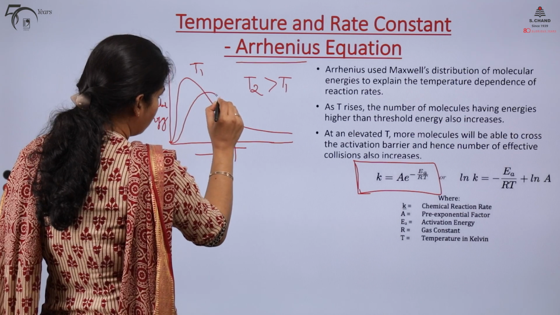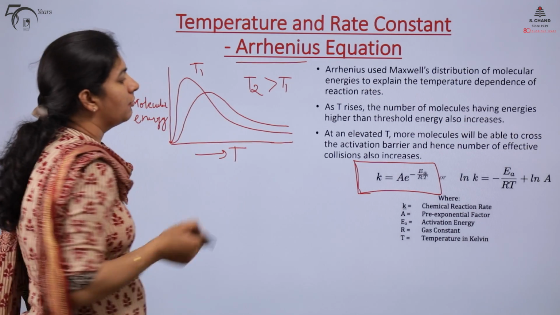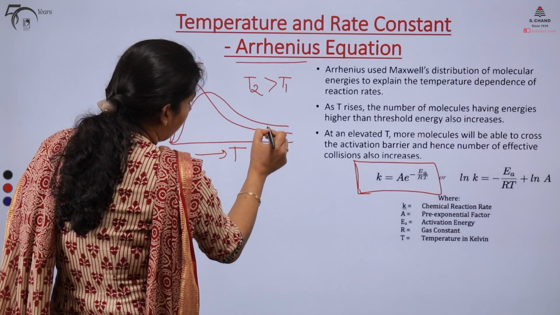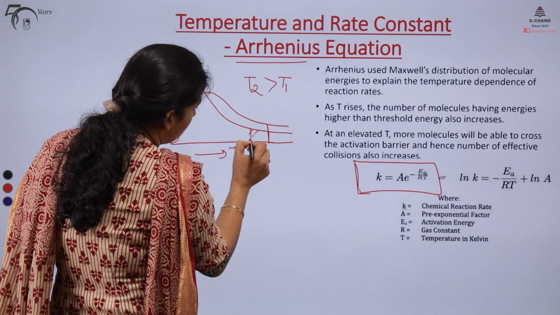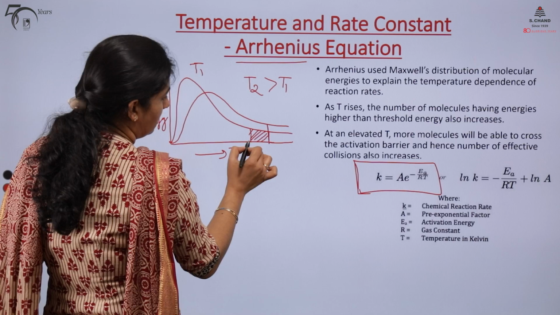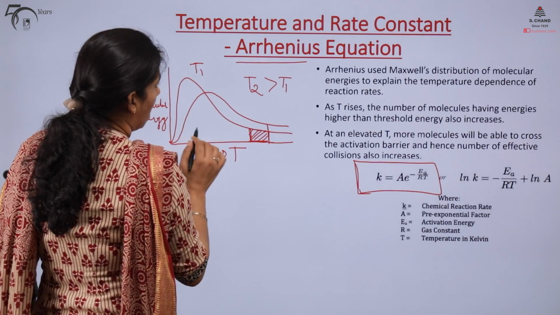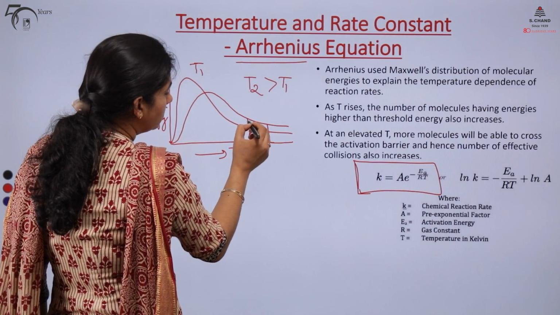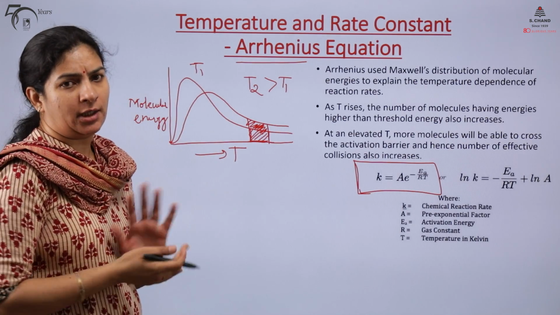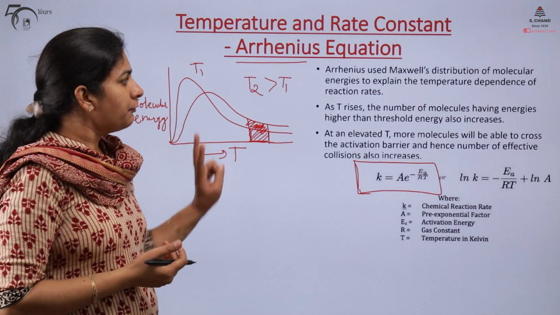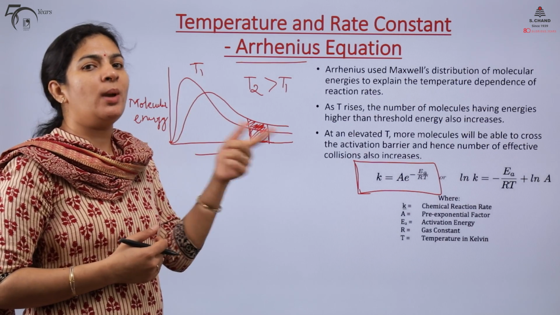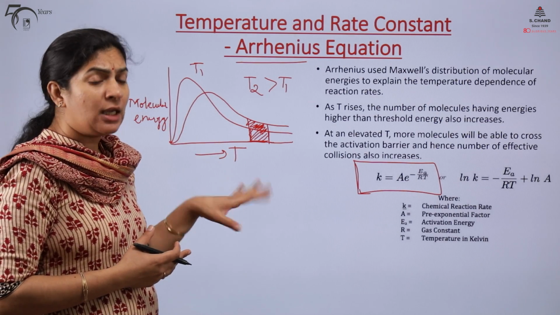We have seen that this entire curve gets flattened towards the right direction. Let's say if I want to calculate the number of molecules which have kinetic energies between this and this, they are represented by this area. Now if I increase the temperature, more molecules have higher kinetic energy. So one thing is clear from this graph, that the number of molecules moving with higher velocities increases at higher temperature.